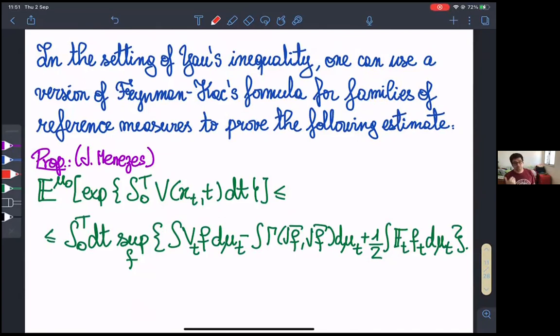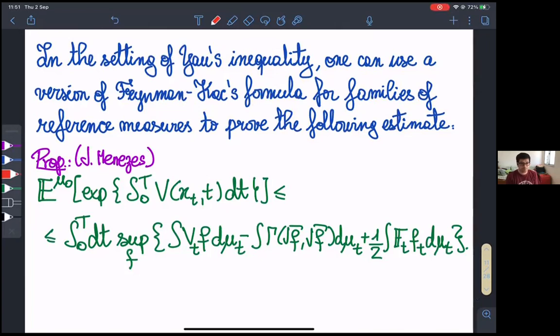But as I've been telling you, we don't really know the invariant measure. Okay, so we can't just use all this nice machinery in the situation of non-equilibrium stationary states, because we don't know how these non-equilibrium stationary states look like.